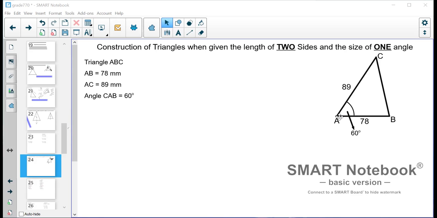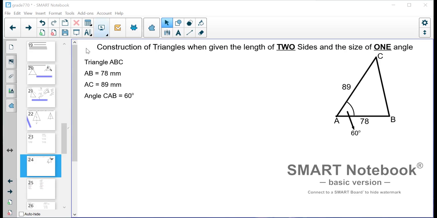So in this case, you would see that the base AB is 78 millimeters, the side AC is 89 millimeters, and the angle CAB is 60 degrees. So we would use this given information to construct this triangle.